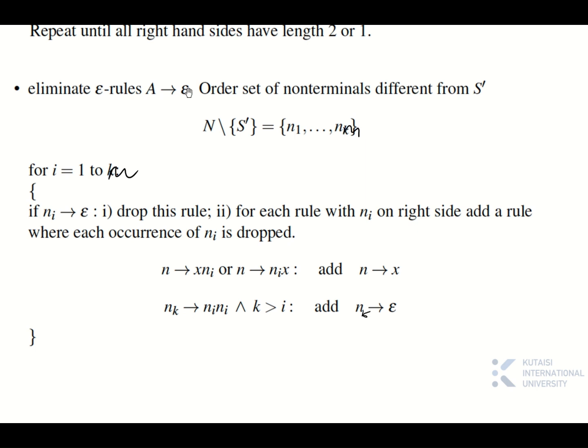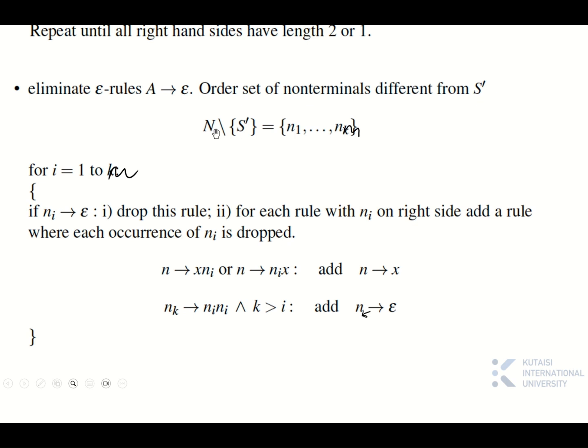But how do I remove them? Because they do in fact build some derivations in my grammar. So what I do is, I have a finite number of non-terminals that are different from my start symbol, my new start symbol S prime.